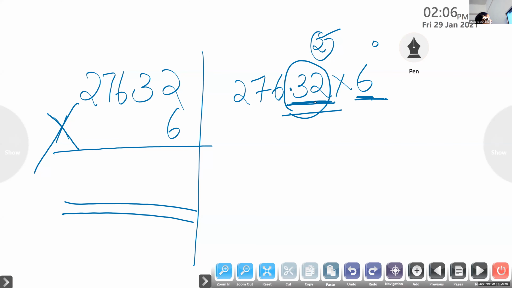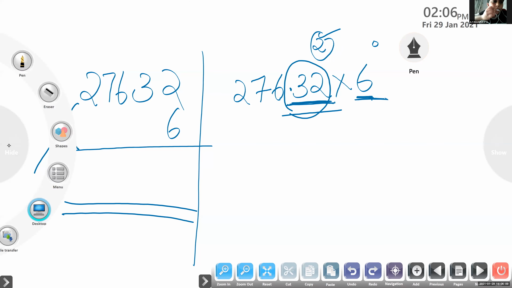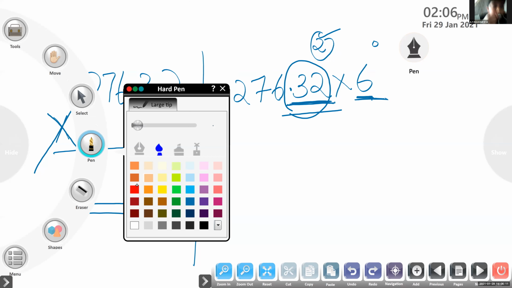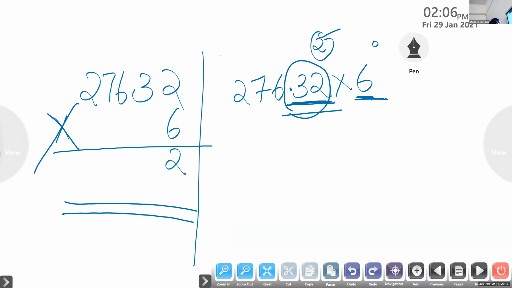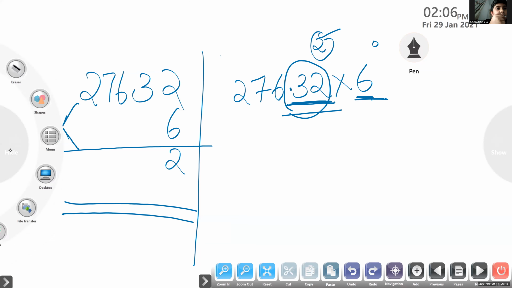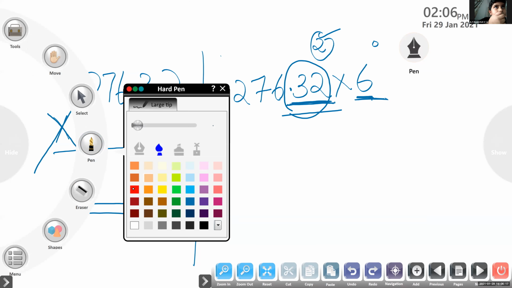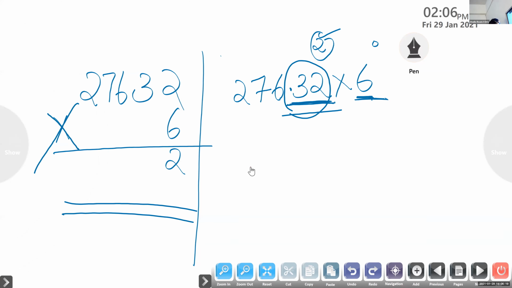Okay, ma'am. So can you do the multiplication with me, Ayman? 6 2s are 12. 12, and 1 carryover. Let me change the color here. Okay, 6 2s are 12. Then which is the carryover? 1.